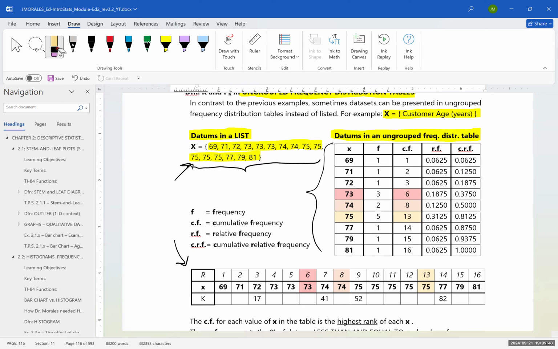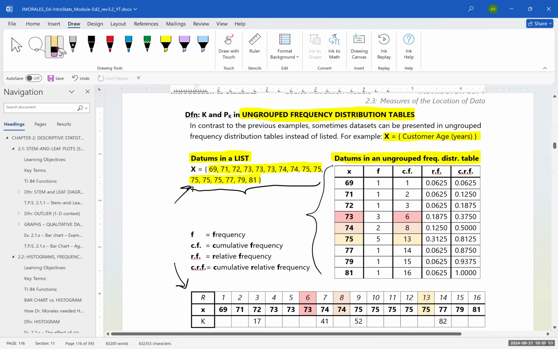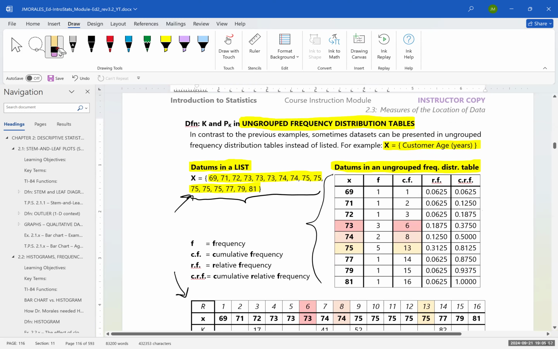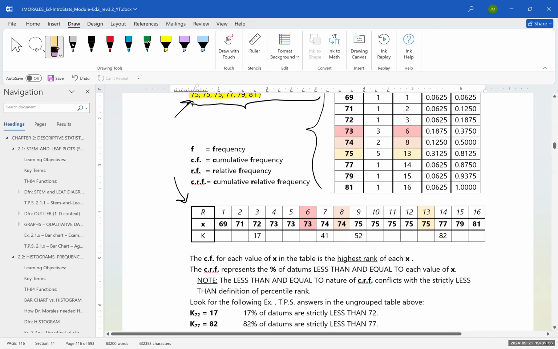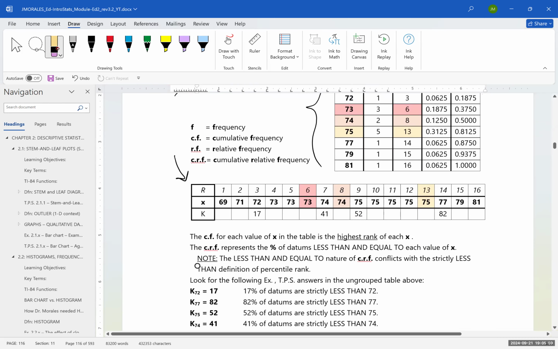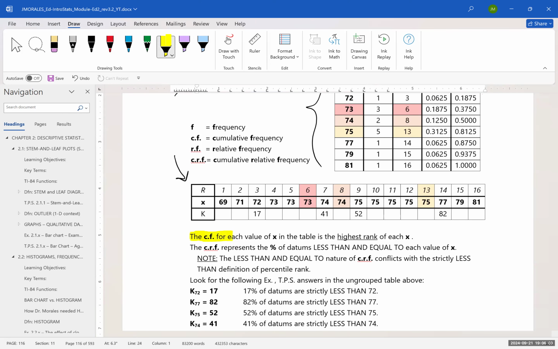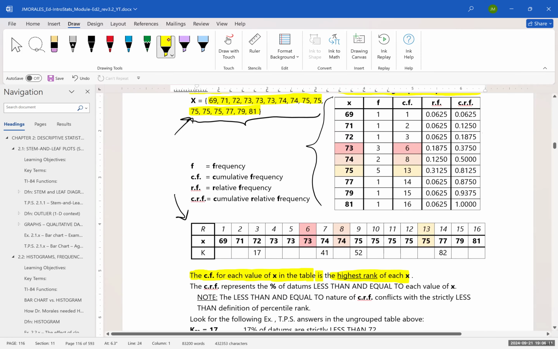But let's now turn our attention to the concept at hand, which is percentile rank and kth percentiles. So notice that the cumulative frequency for each value of x in the table is the highest rank of each x. So what do I mean by that?